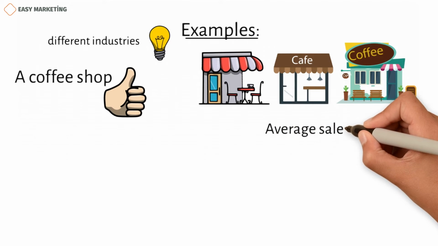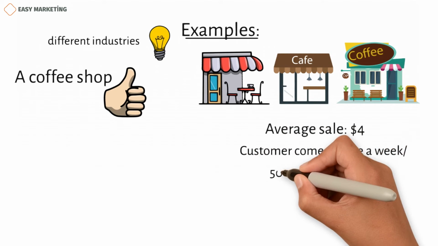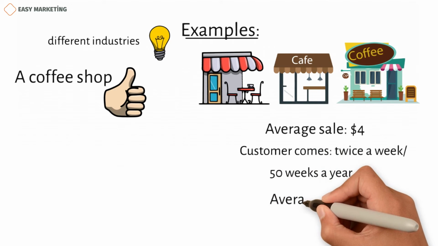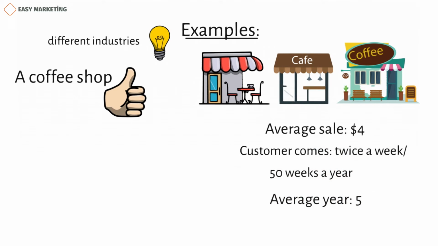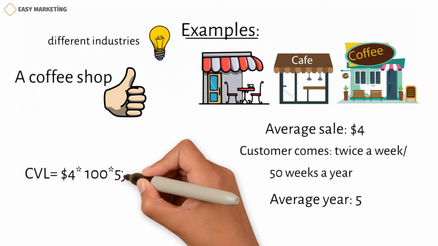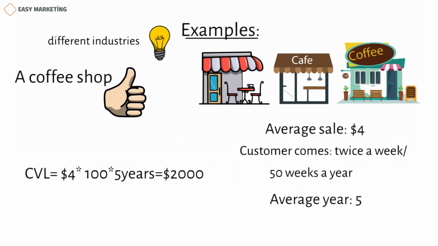Let's say that the average sale at a chain of 3 coffee shops in a certain area is $4. The typical client is a person who works in the area and comes in twice a week, 50 weeks a year, for an average of 5 years. CLV equals average sale of $4 times 100 visits per year times 5 years equals $2,000.